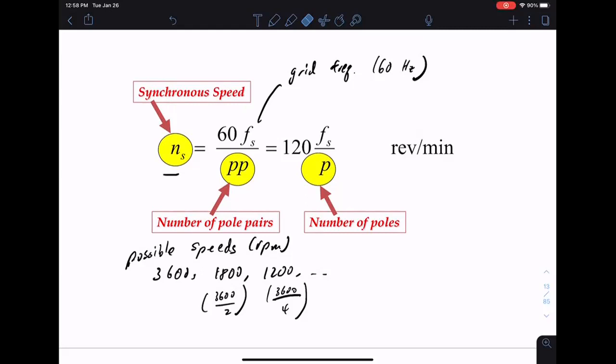You needed to pick one of them and go with it. Whereas nowadays, with power electronic drives or more advanced drives, you can do variable speed drives where you're not limited by the discrete list of synchronous speeds. But this is something to keep in mind.